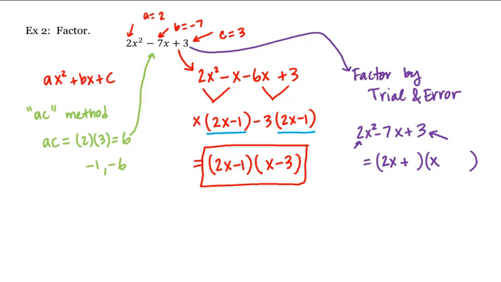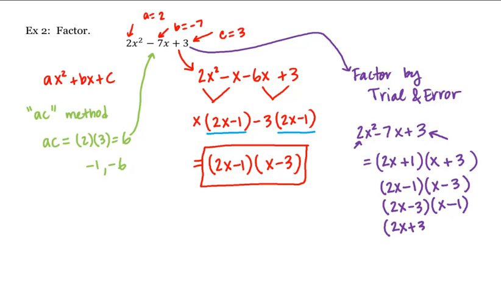Well, we could put a plus 1 here and a plus 3 here, because 1 times 3 is 3. Or we could put minus 1 and minus 3, because minus 1 times minus 3 is also 3. Or the other way around, we could have minus 3 here and minus 1 here, as well as plus 3 here and plus 1 here.